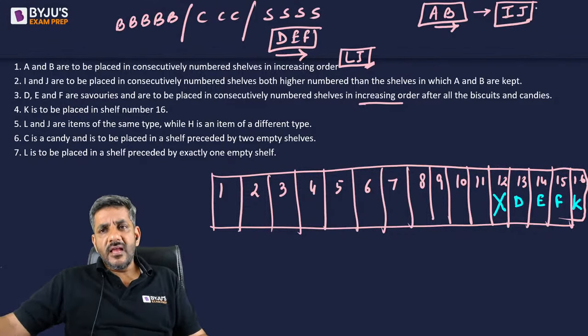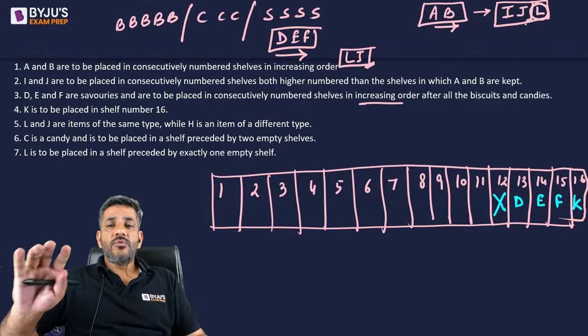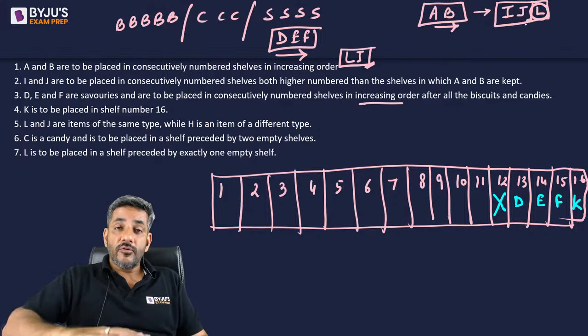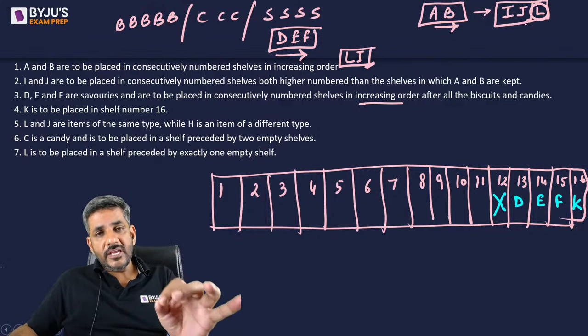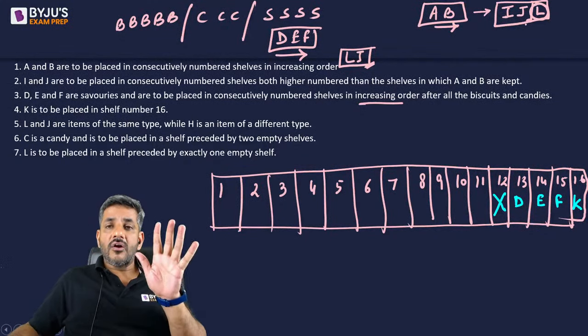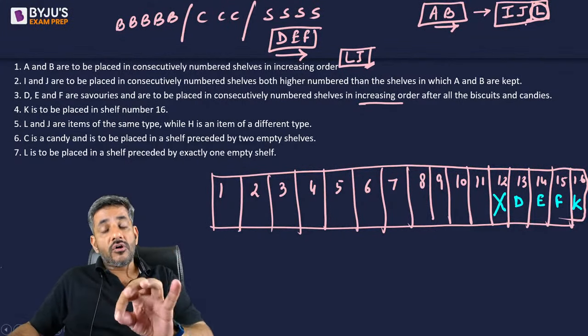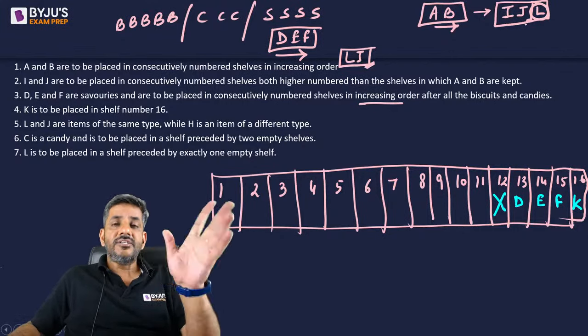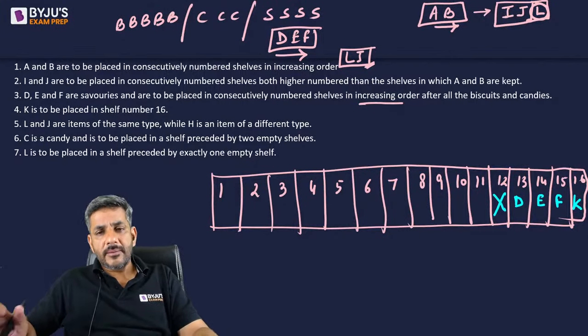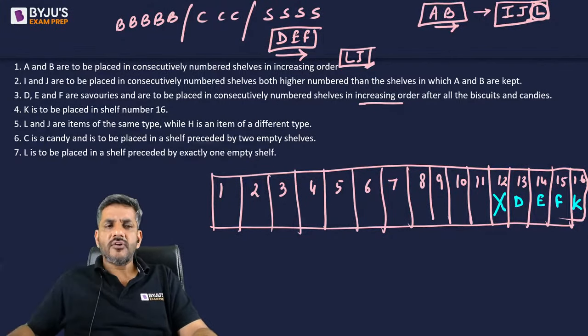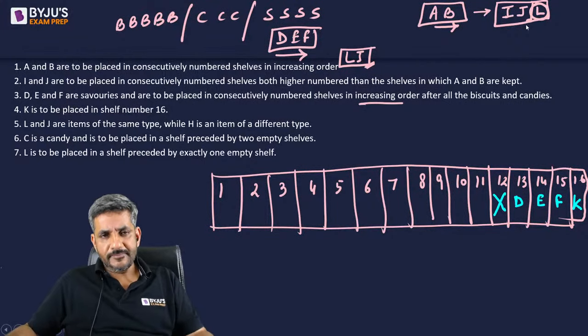So can I say L, I and J, they all are of the same type, though I do not know about L, whether it would come after I and J or before I and J, but I, J and L, they all are of the same type and H is not of that type. H is of some other type, and we don't yet know which type H is. We will talk about that later.